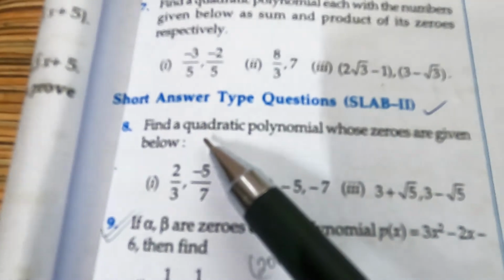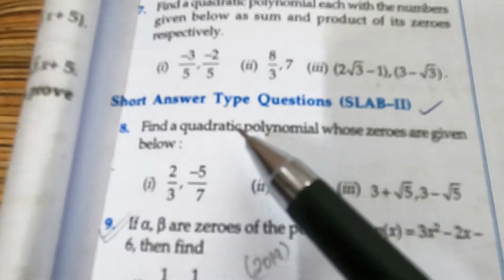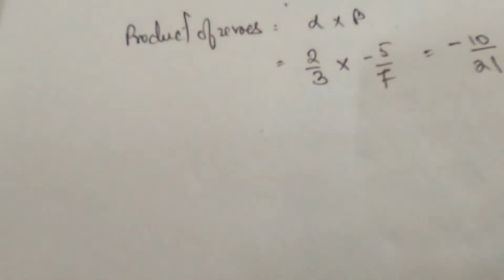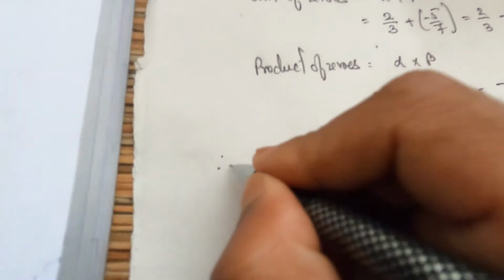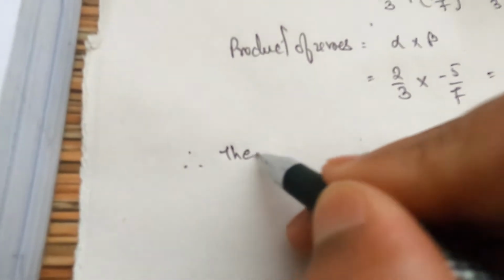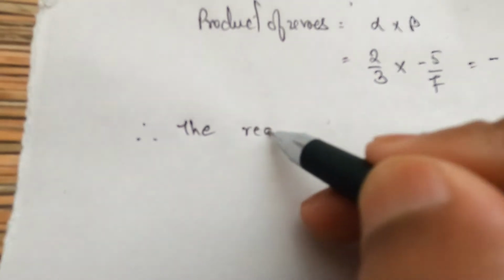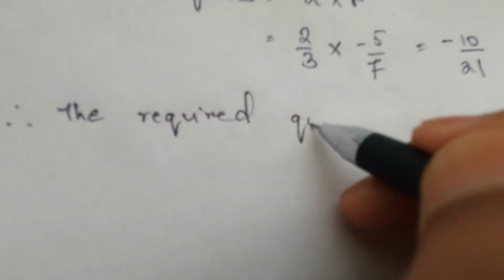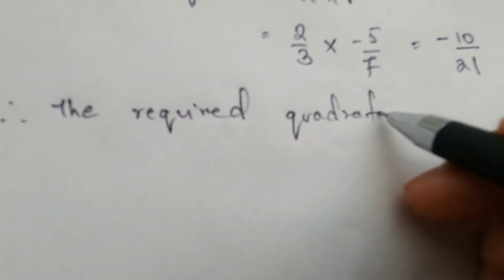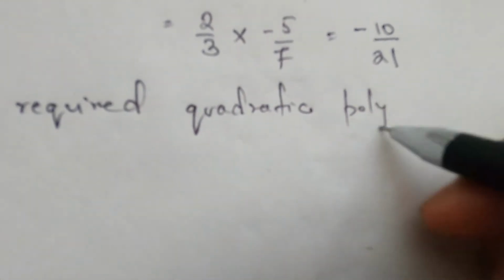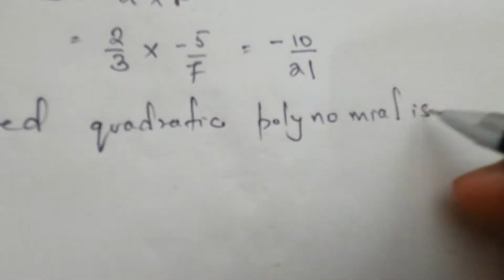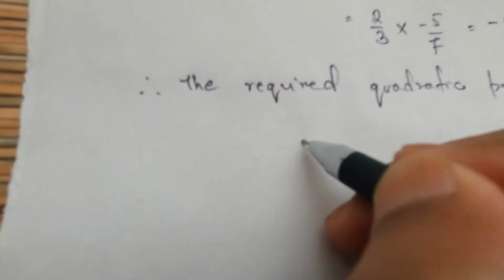So how will we find a quadratic polynomial? To find a quadratic polynomial, we have to apply this formula. You write here, therefore the required quadratic polynomial is, so this will be the formula.